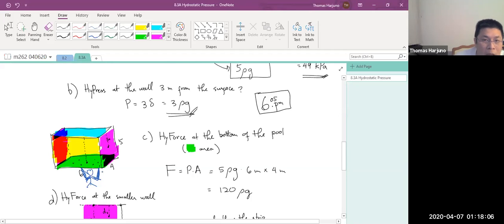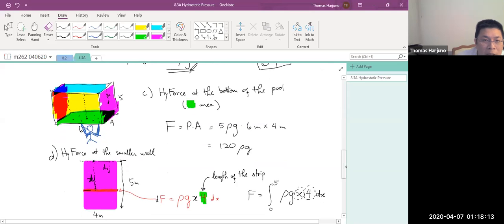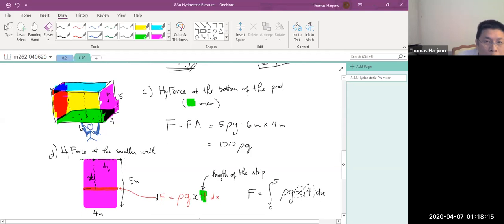According to our computation it is 120 rho g. Now, what does part D mean? The hydrostatic force at the smaller wall. It's like how much force you need to push on the smaller wall, suppose the wall is made of a certain kind of steel, to hold that sheet of steel such that the water is not spilling out.